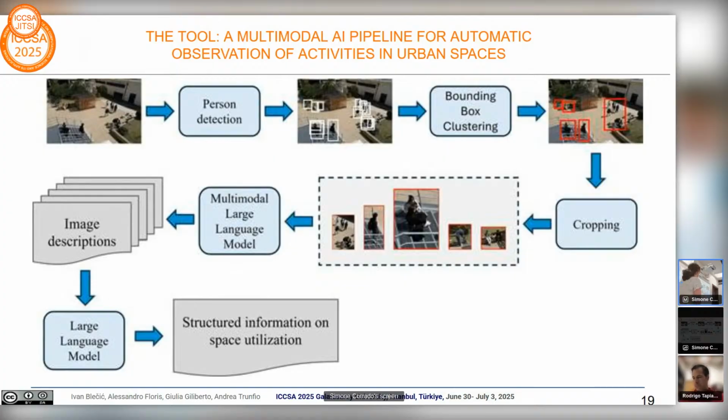So they are grouped in a cluster, and then clusters are cropped, and the cropped regions are expanded and given to a multimodal large language model, an implementation of GPT, which produces an image description, a narrative description of the images, and then we can extract the information related to the 5 features that we identified before.